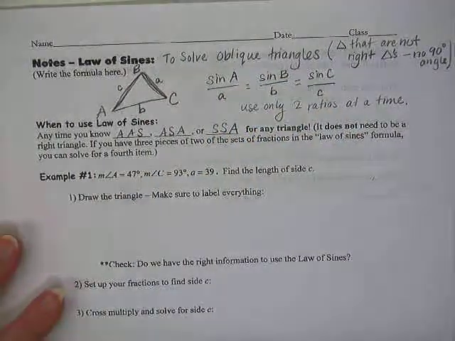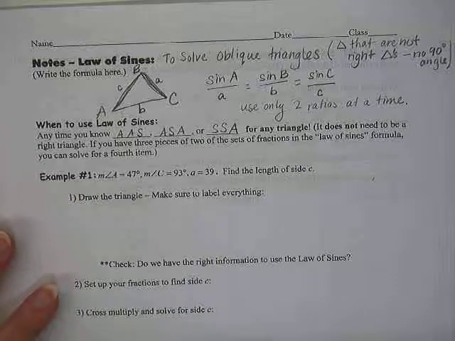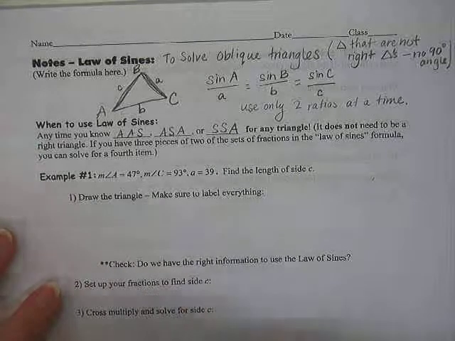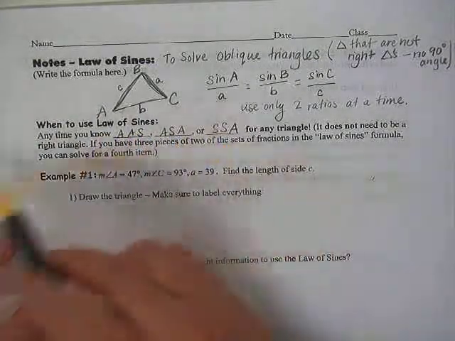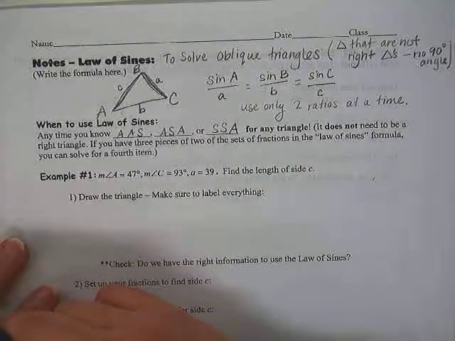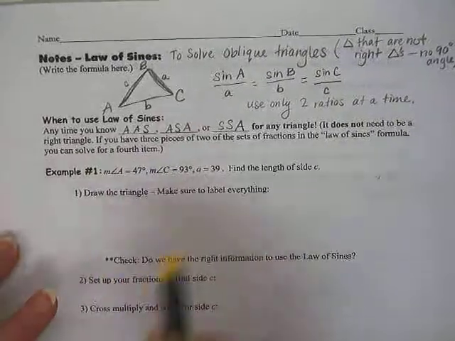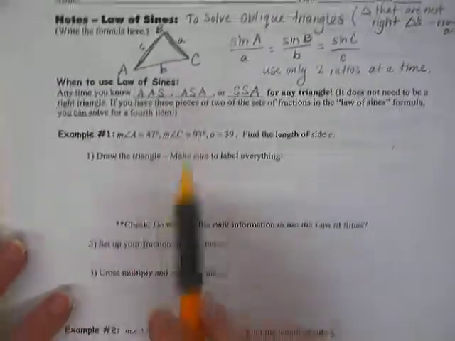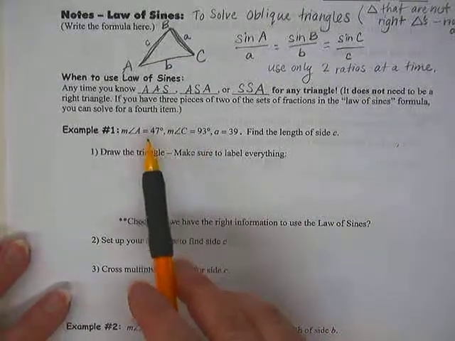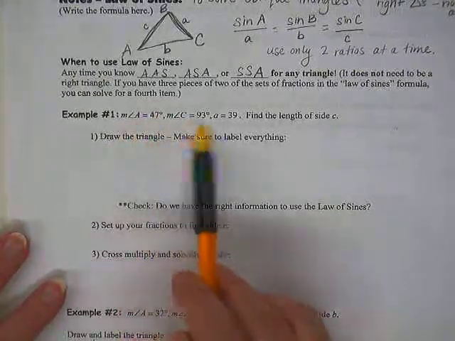The other thing you can use law of sines for is if they give you a side and an angle, then you can solve it using law of sines. Those are the only combinations of information that you can use when solving a triangle using law of sines. Okay? We're going to do an example of each one.